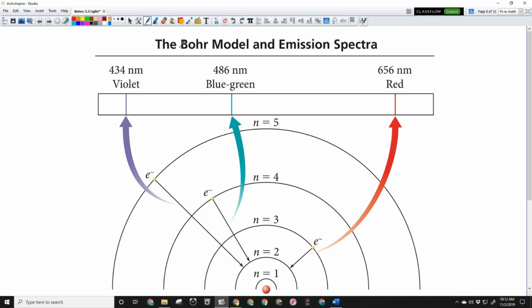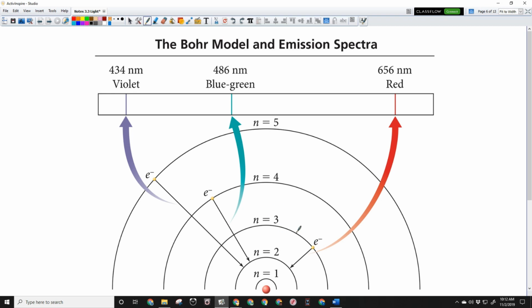All right, so going on, if we look at how light is emitted from these elements, we're going to use the Bohr model. And so what happens is these electrons that are in these orbitals can absorb energy, and they absorb energy either from UV light, or they can absorb energy from heat.